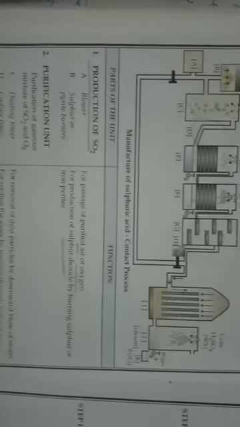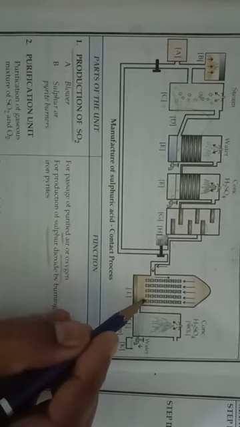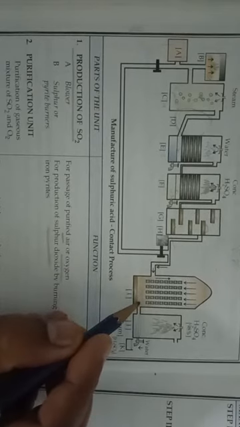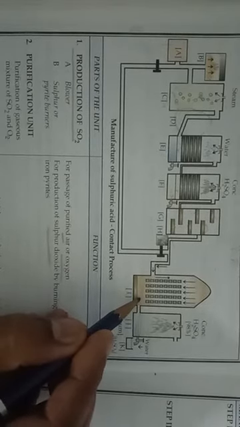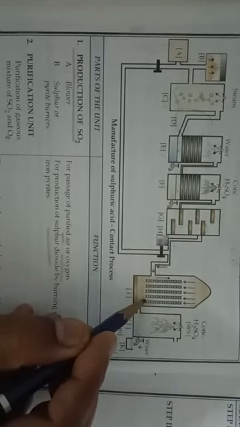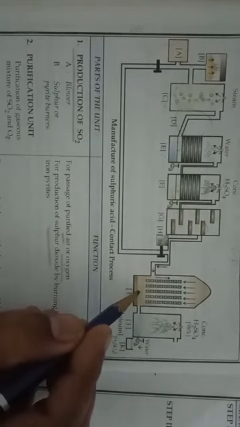So the gaseous mixture contains SO2 and O2, and this chamber, known as the catalytic chamber, contains a catalyst. In this catalytic tower, SO2 is oxidized to SO3 by passing sulfur dioxide and oxygen through an iron tower, which is packed with vanadium pentoxide catalyst, initially heated to 450 degrees Celsius.